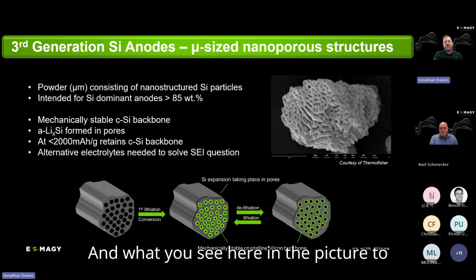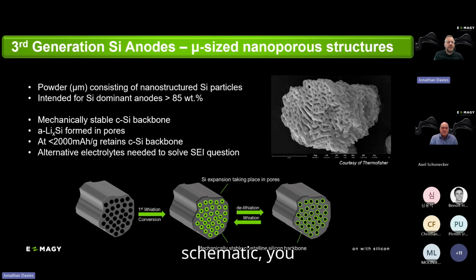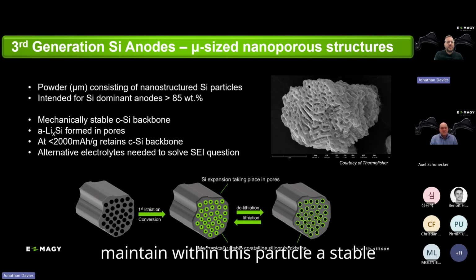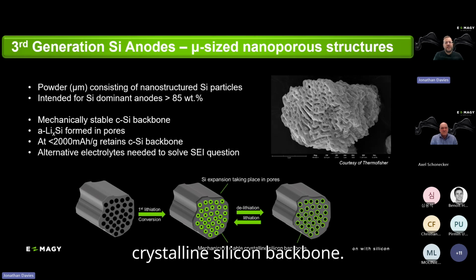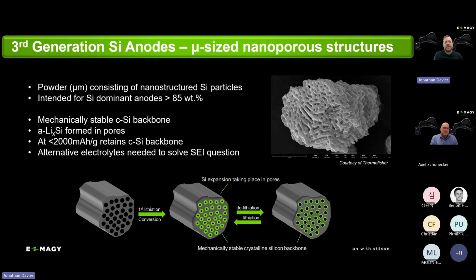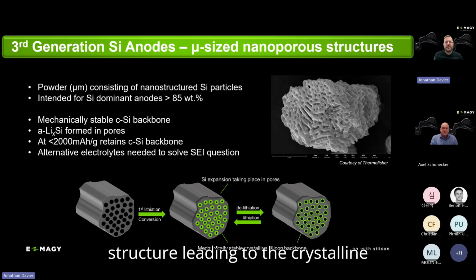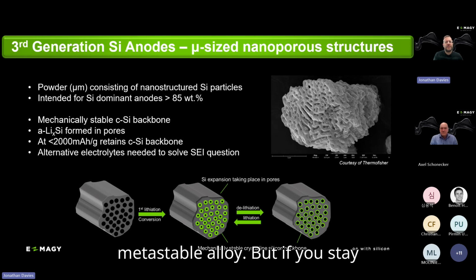And what you see here in the picture to the right, and then underneath in the schematic, you maintain within this particle a stable crystalline silicon backbone, and during first lithiation you form lithium silicon and the amorphous alloy within the pores, the amorphous structure leading to the crystalline metastable alloy.